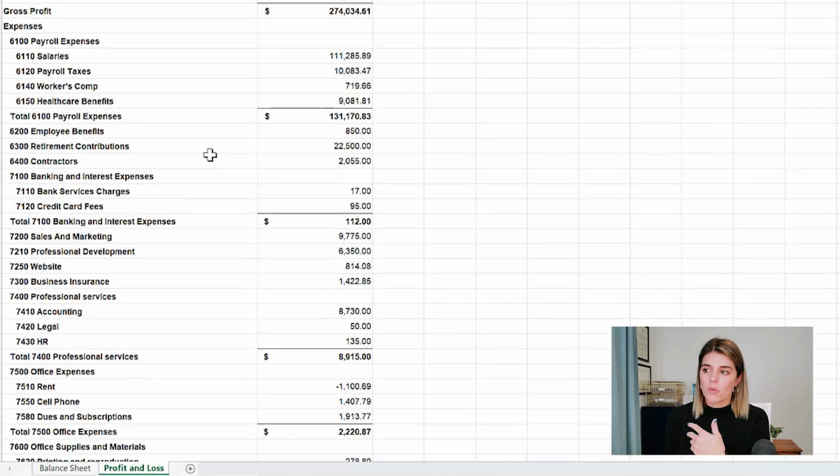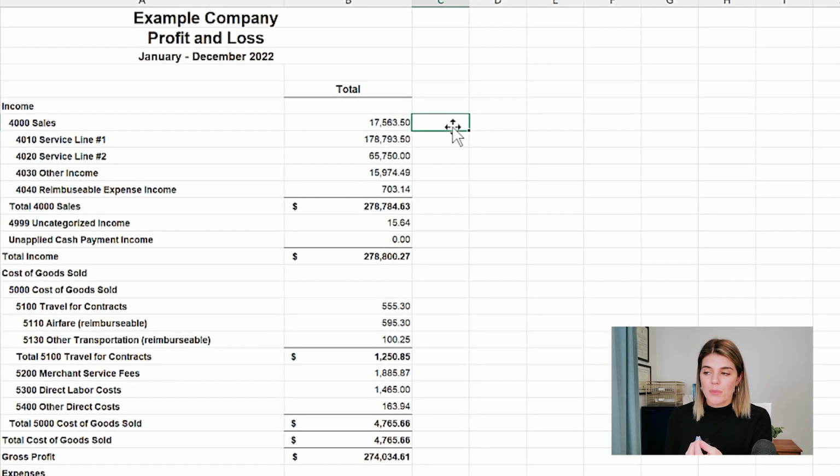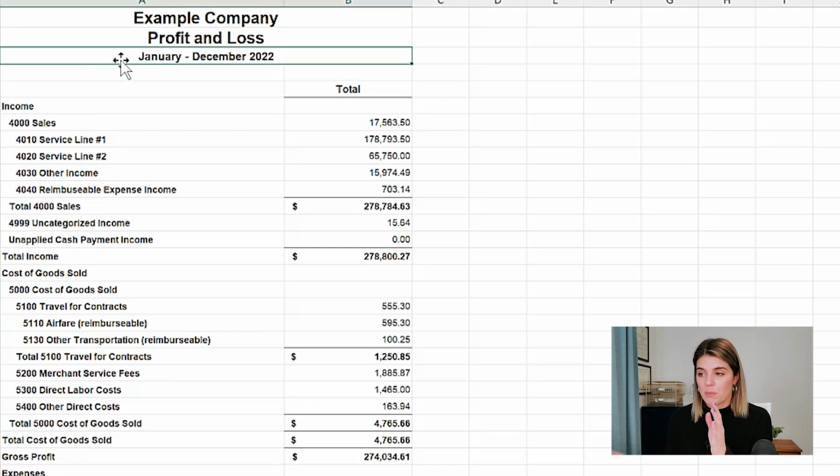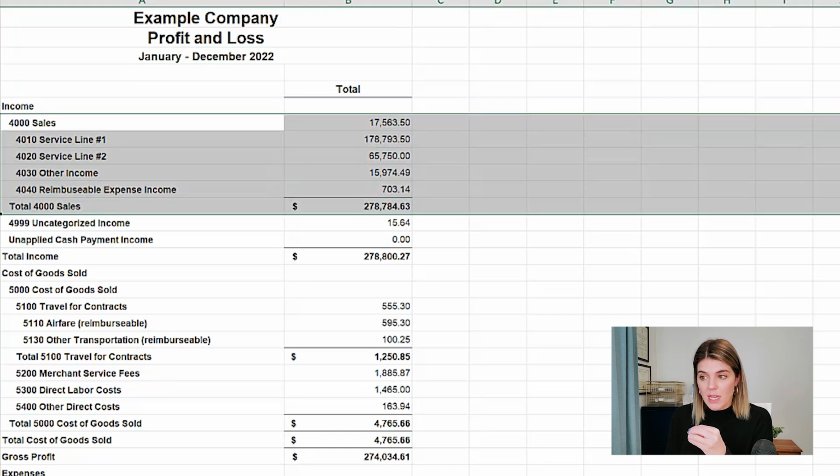Okay. So what is on a profit and loss is the next thing. What is on the profit and loss is what you have earned during this period of time, what the business has earned. And we're looking at this period of time, January through December of 2022. So we're looking at a full year. So this is what the business has earned up here, and in the expense side, this is what the business has spent.